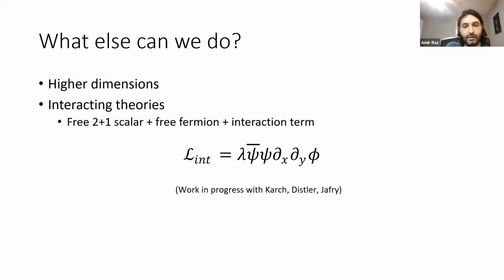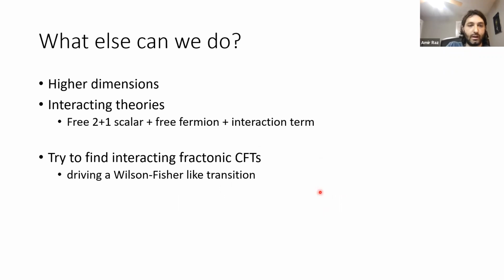We're adding some sort of interaction to the Lagrangian, but maybe more interesting is to try and find interacting CFTs by maybe driving some sort of Wilson-Fisher-like transition, which goes back to questions that were asked earlier: are there any more interesting CFTs, fractonic field theories, we can find? Well, one option is to try and drive a Wilson-Fisher-like transition.